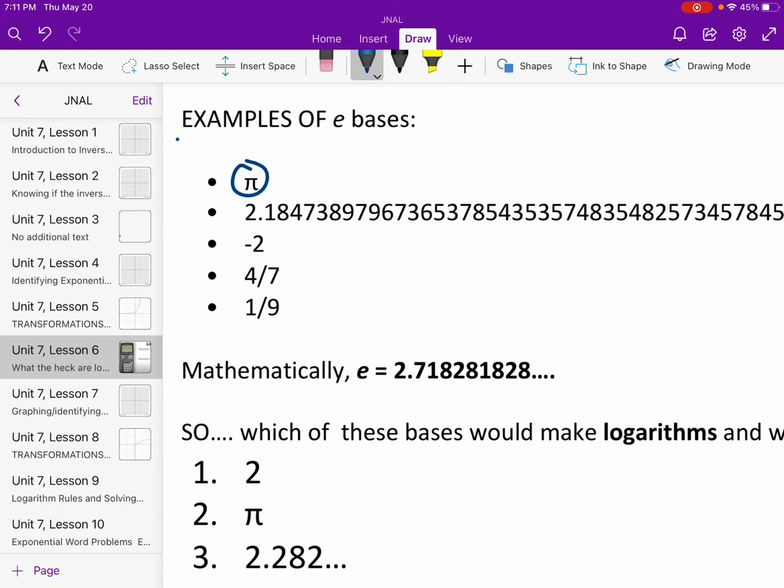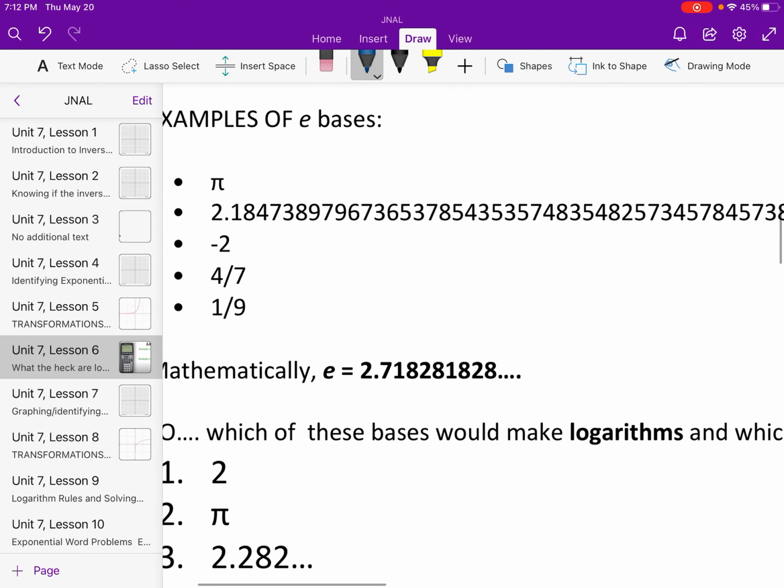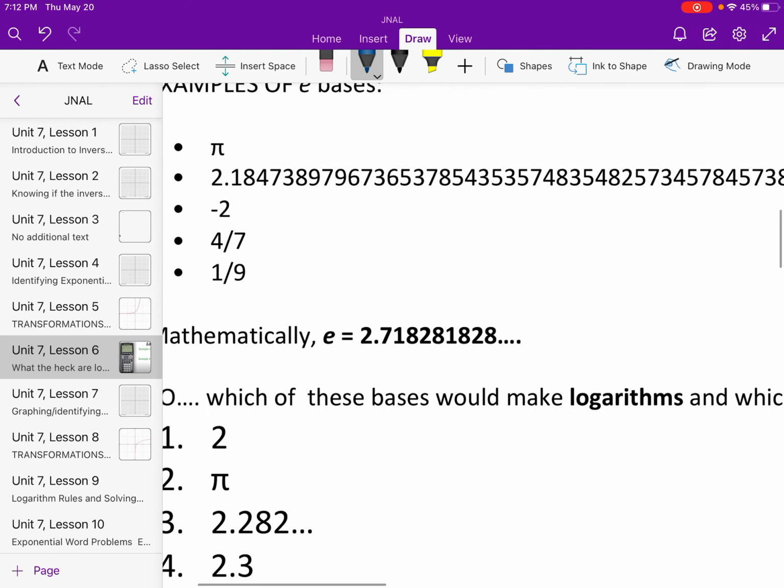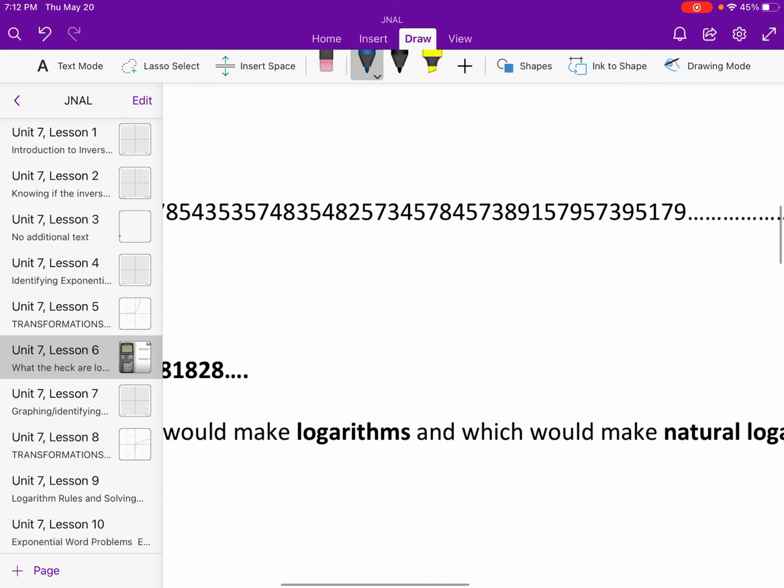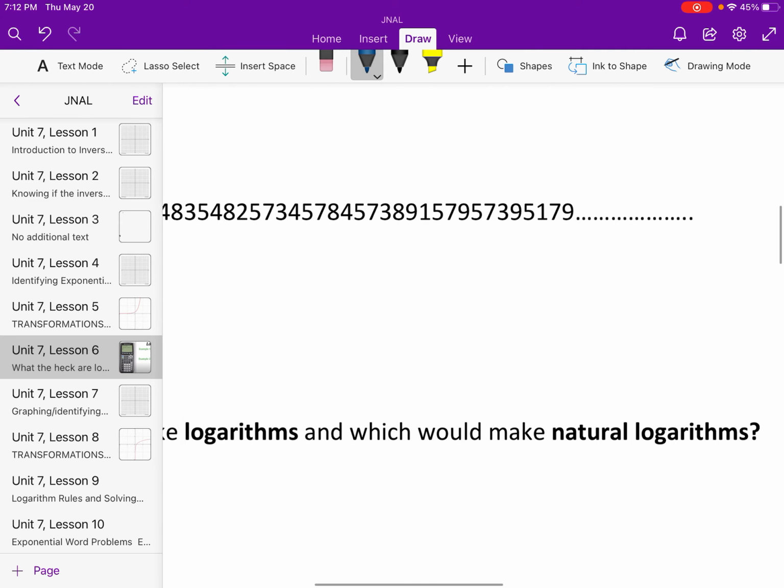So then we have pi. We know that goes on forever, 3.14159, I don't know that much of it, but that goes on forever. Then this random number, 2.1847, not going to say all of it, and to hint that it goes on forever, we have those dots right there.